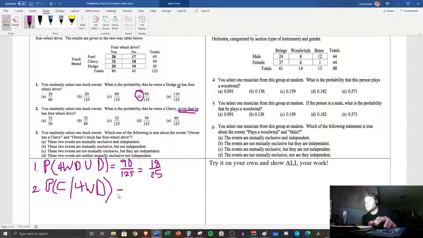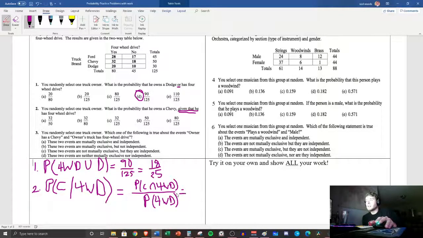Okay. So we know that we need to use our formula, so we write probability of Chevy and, intersection, 4-wheel drive, over the probability of, the one that's on the right is the one that goes in the denominator, so 4-wheel drive.